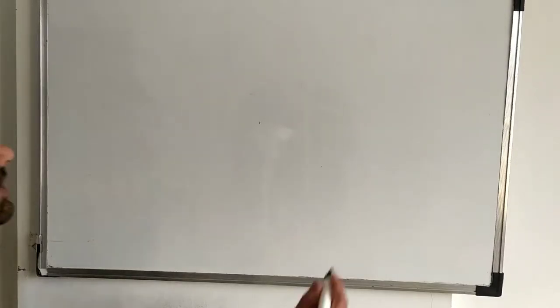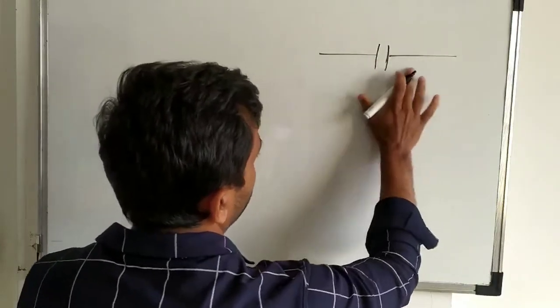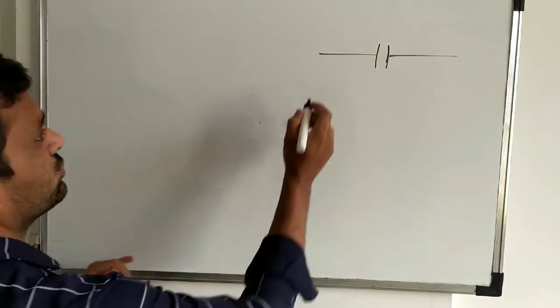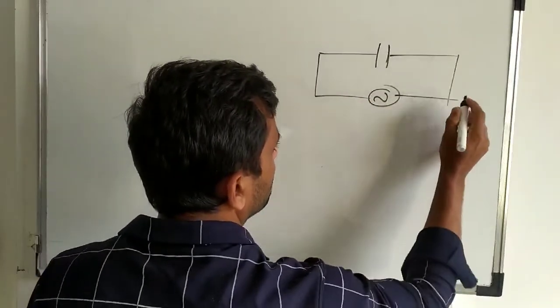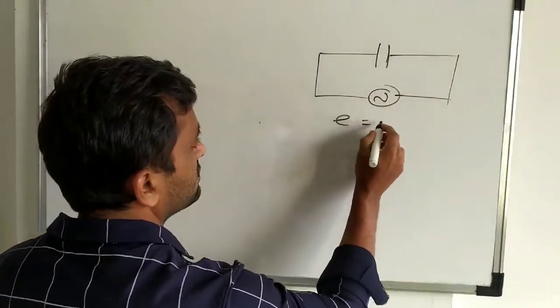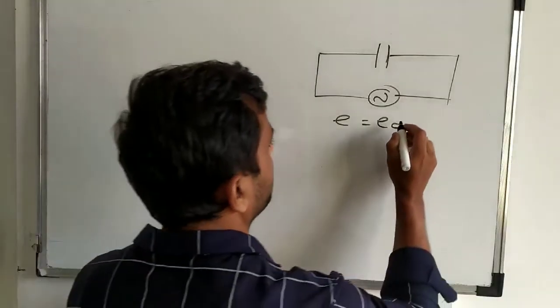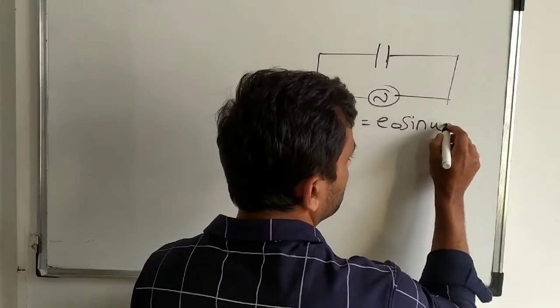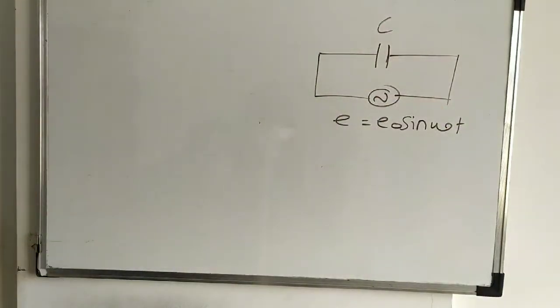We connect the capacitor to the AC circuit of alternating EMF, E is equal to E naught sin omega t.